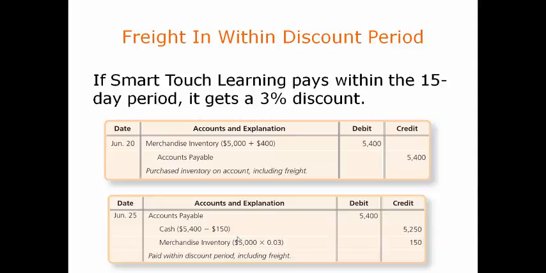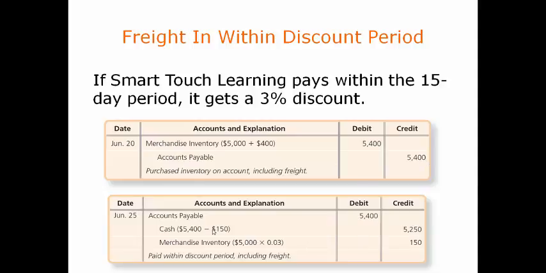They had merchandise inventory of $5,000 plus $400 gets you $5,400, and then you have accounts payable with $5,400. So this is one where they had an invoice that came in for $5,000, and it had another freight of $400. Here's what happens when you pay that. You're going to extinguish your accounts payable, the $5,400.